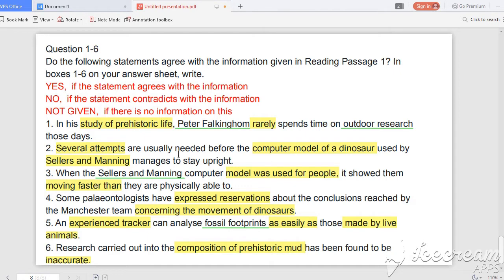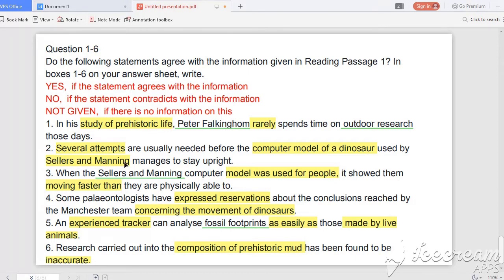So this question means many attempts are required in order to keep the computer model of a dinosaur upright or standing correctly. The keywords are Sellers and Manning, and these words are the names of someone because the first letters of these words are capital.